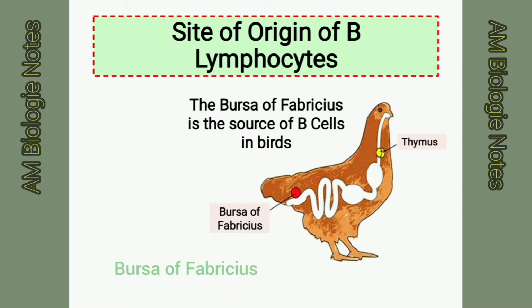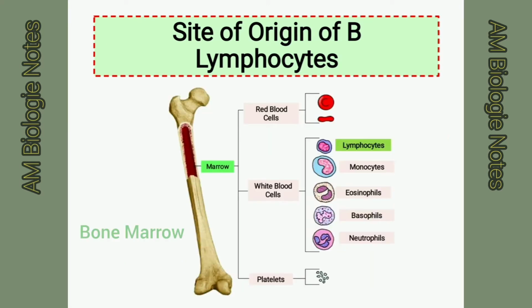The letter B indicates the site of maturation of lymphocytes. In birds, these lymphocytes get maturation in the bursa of Fabricius, and in mammals, including humans and mice, these lymphocytes get maturation in bone marrow.